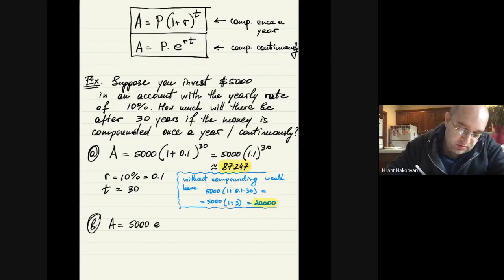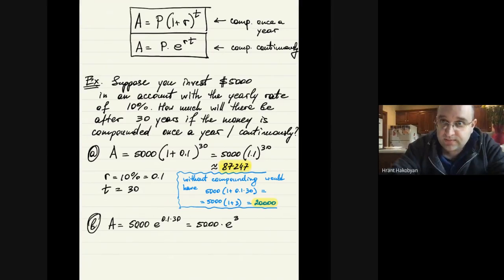So R is 0.1 times T, where T is 30. So it's going to be 5,000 times E to power 3. So let me calculate that. That's going to be actually a larger amount. So this is approximately 100,427.